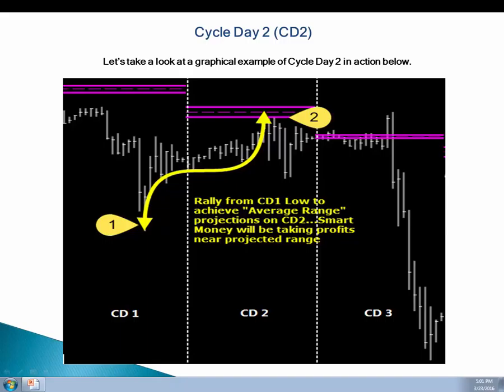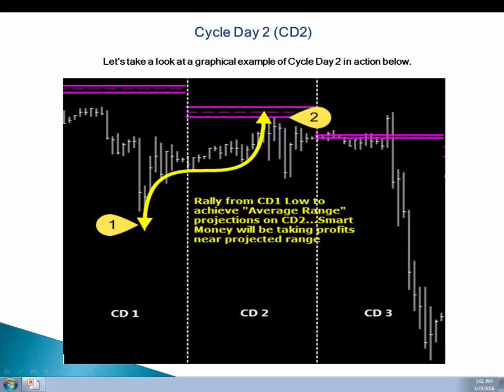The big institutions want to continue to buy, and the selling that more than likely occurs on cycle day 2 is residual selling, usually not initiative type selling. So the idea is to try to close cycle day 2 as high as possible. Again, not always the case, but that's the goal.